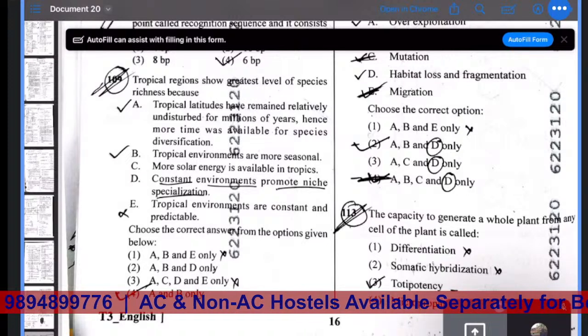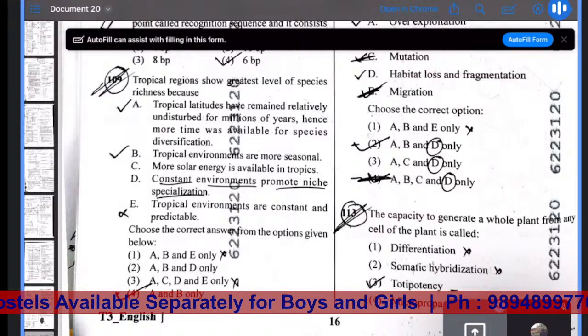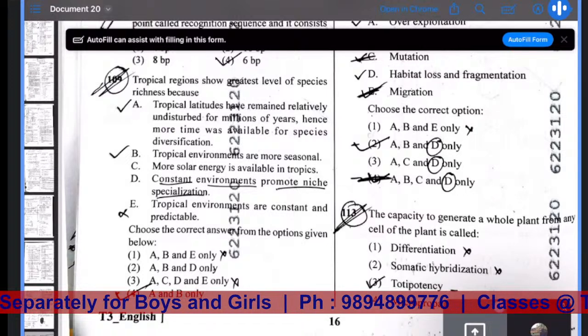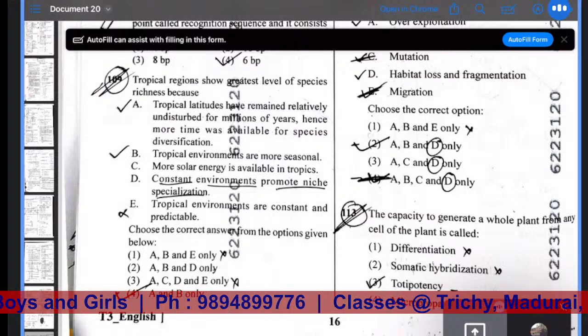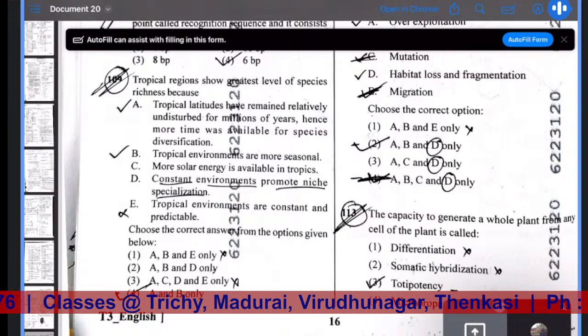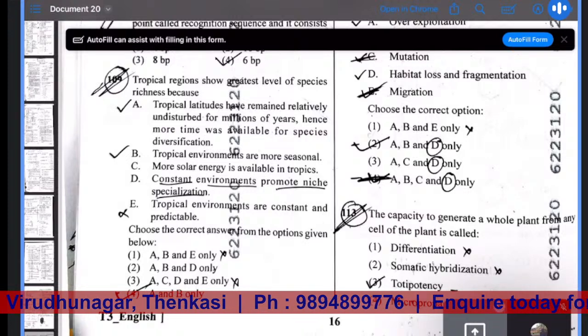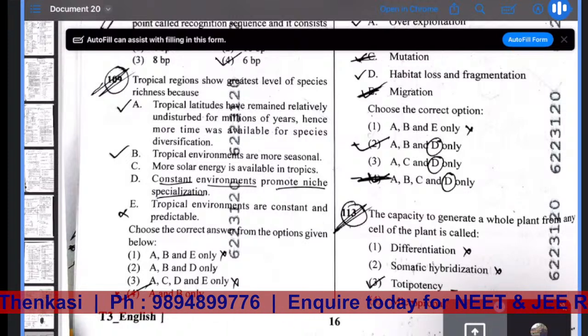Then statement B: tropical environments are more seasonal. Actually, tropical environments are less seasonal and more constant. They have less seasonal variation, and that's why they have more constant environmental conditions. So statement B is wrong. C, more solar energy is available in the tropics.